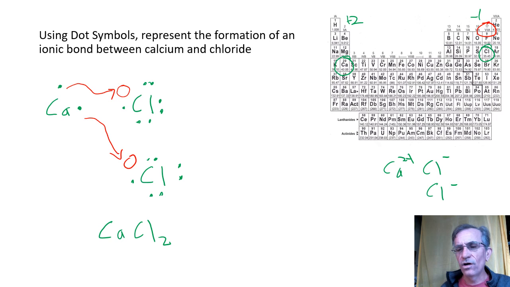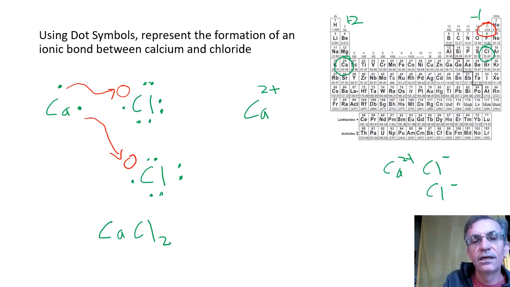All right, so let's talk about what it's going to look like if we write out what we make here. To represent what happens, calcium gives away both its electrons. If I wanted to show you what it turns into, I would say it turns into a Ca+2. Chloride has room to take 1 more electron. It'll get to 8. Now, maybe I'll show its new electron, the one I got from calcium, with a red dot.